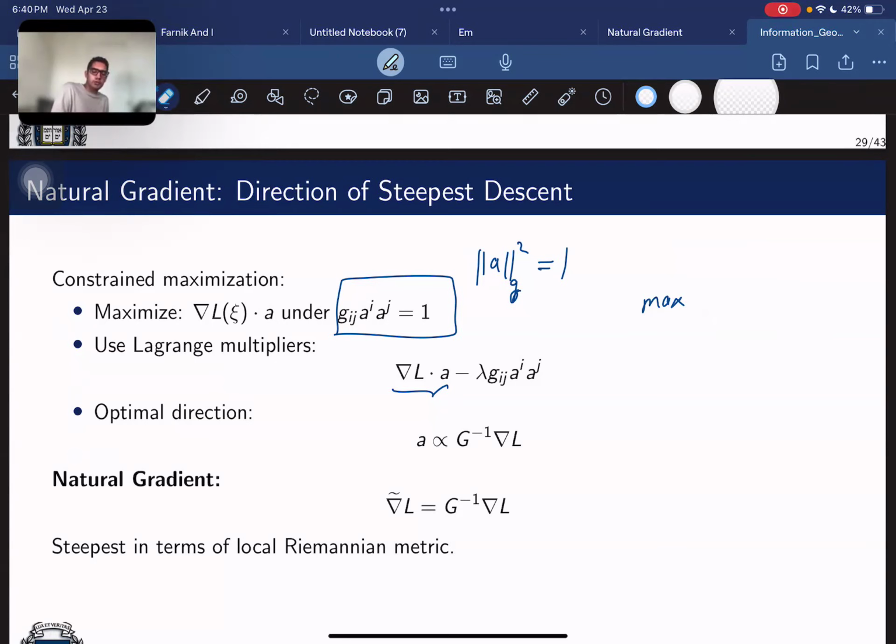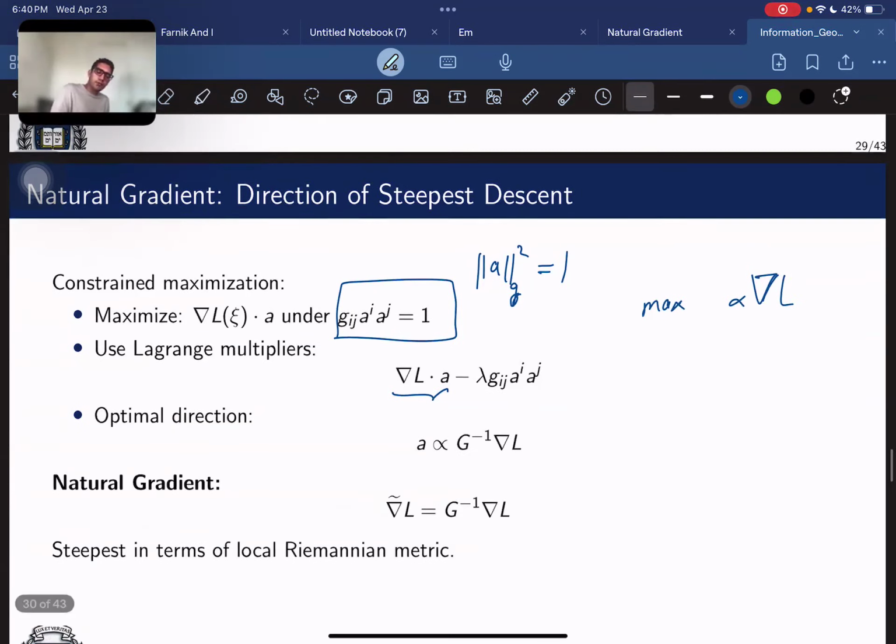So I just write it as alpha times the gradient of L. And then I want this with respect to the constraint that the norm of A is 1.